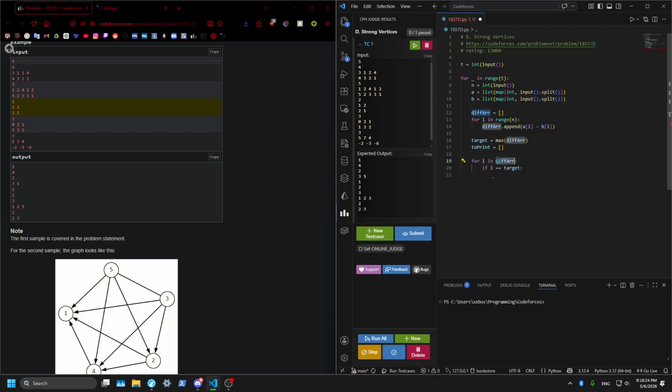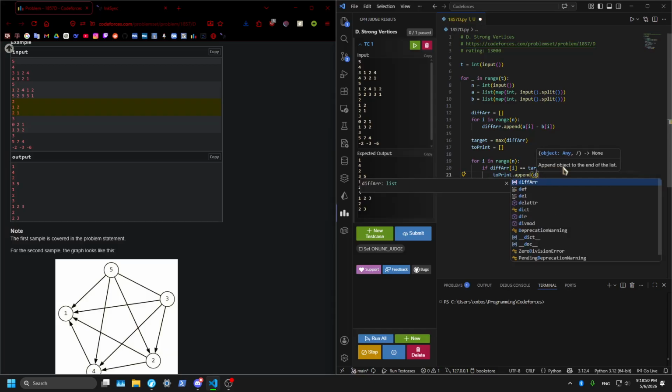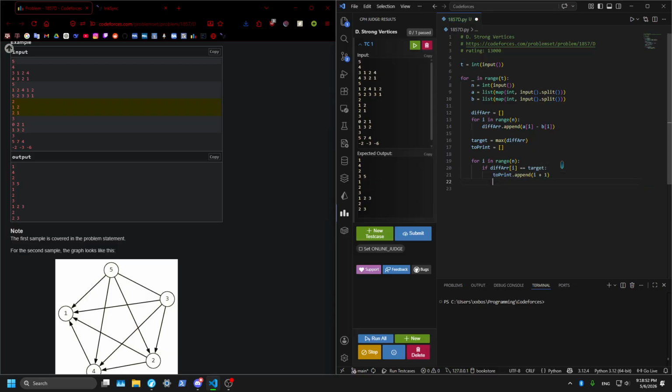Oh, we need an index, so in range n. If diff array at i is equal to target, to print dot append i plus 1.